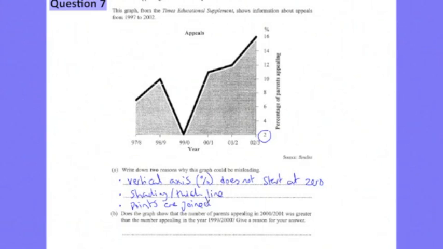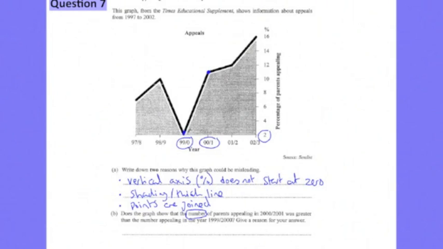We're then asked, does the graph show that the number of parents appealing in 2000, 2001 here, was greater than the number appealing in the year 1999 to 2000, this one. So here we're at this point, and here we're down this point.